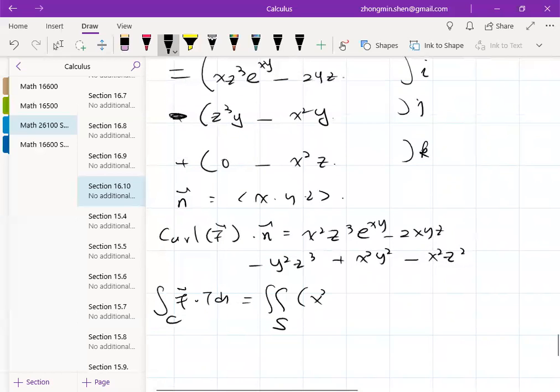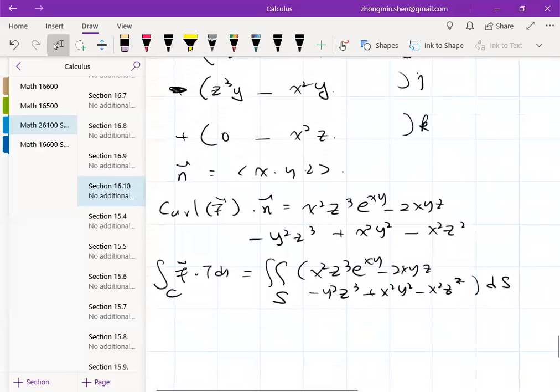It is going to be x squared z e to the xy, and you still have to replace z. It's on the sphere. So I can evaluate this, too complicated, right? You have to parameterize the sphere, then blah, blah, blah. So there's another option.